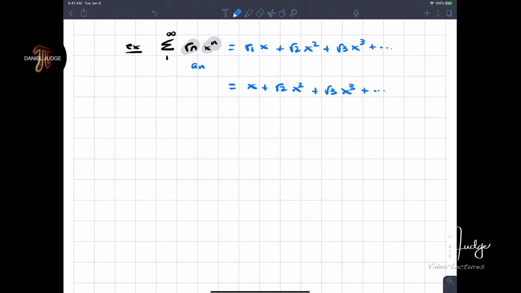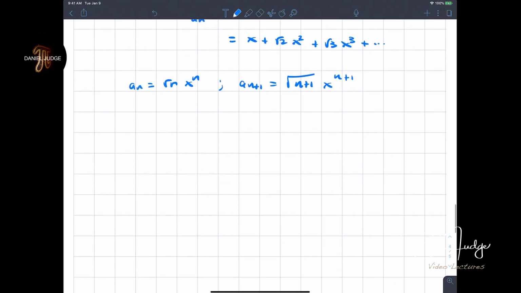So we have a_n. a_n is square root of n times x to the n. a_(n+1) is square root of n plus 1 times x to the n plus 1. So when we look at the ratio in absolute value, we get square root of n plus 1 x to the n plus 1 over square root of n x to the n.